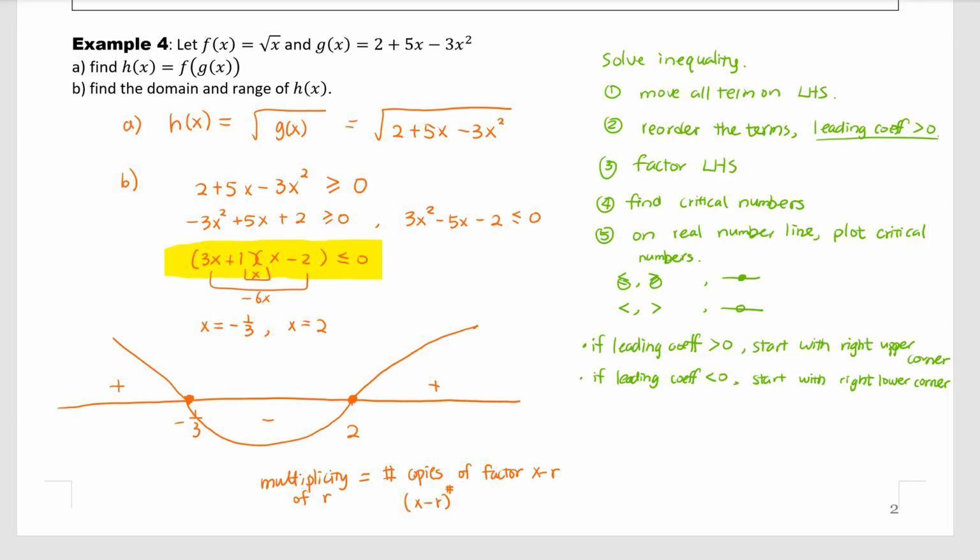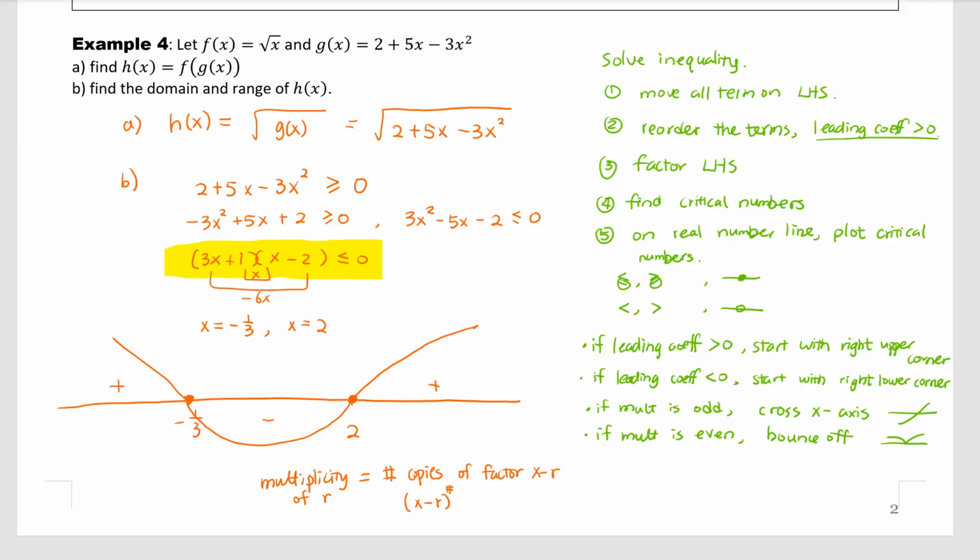Okay, and next, when you connect those critical numbers together, when you cross those points, if the multiplicity is odd, what do we do? We cross the x-axis. If the multiplicity is even, what do we do? We bounce off. Okay, so crossing the x-axis looks like that, bouncing off looks like that. So far so good, everybody?